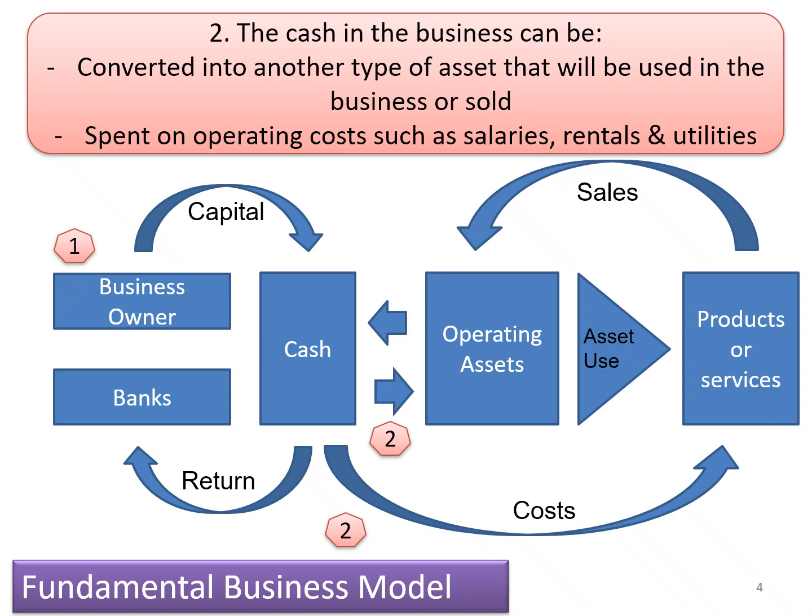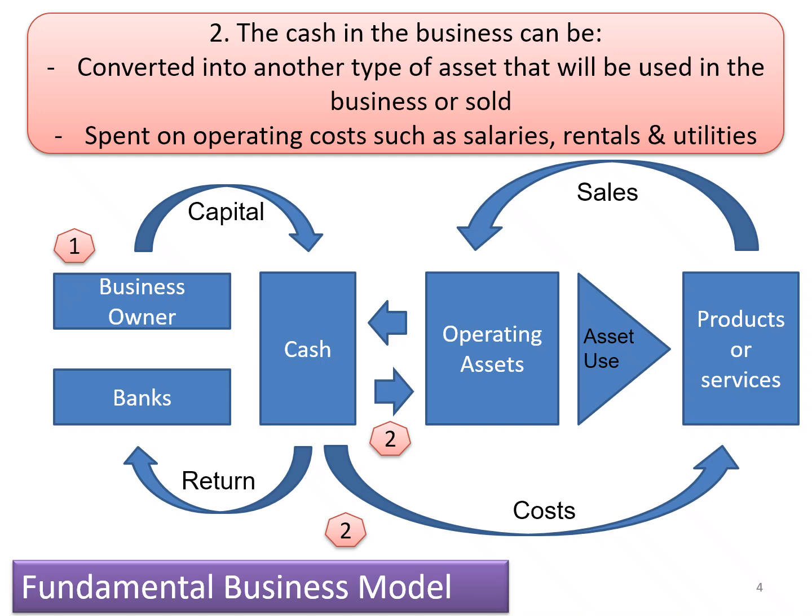So, the company will use this cash to buy operating assets that will be helpful in business operations, or other assets that can be used to sell your products, or an asset that is actually the one that we will sell.